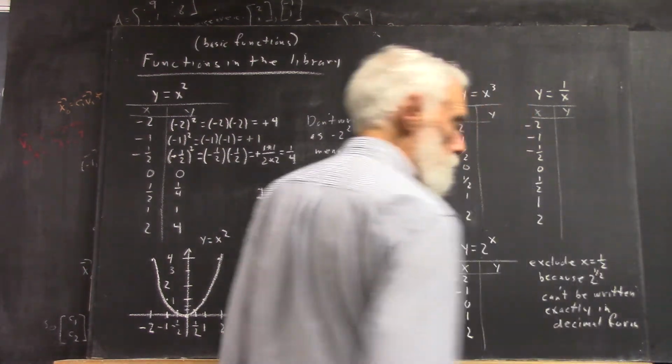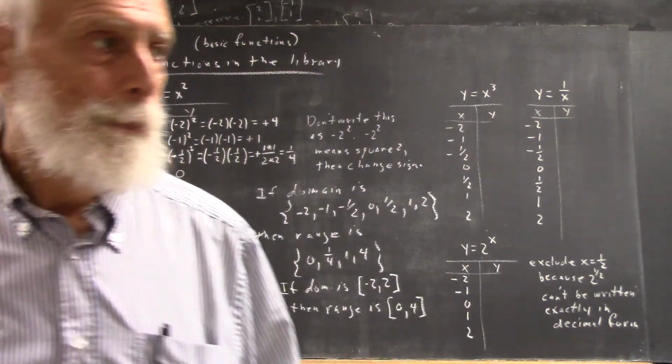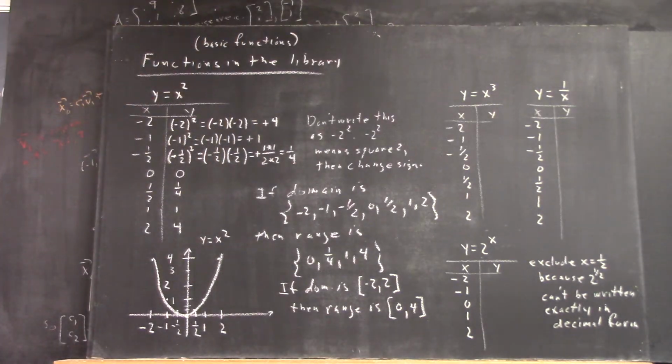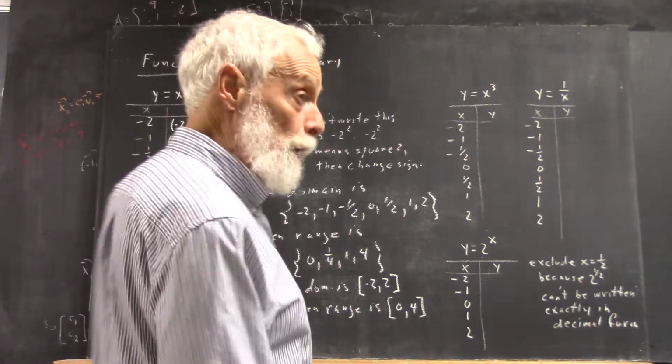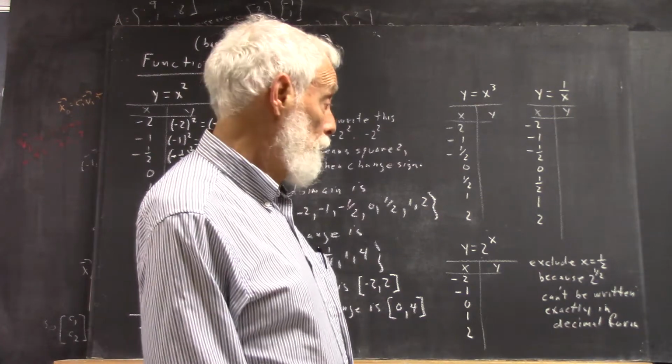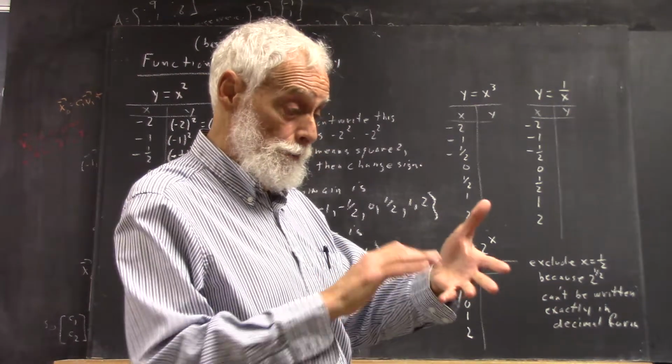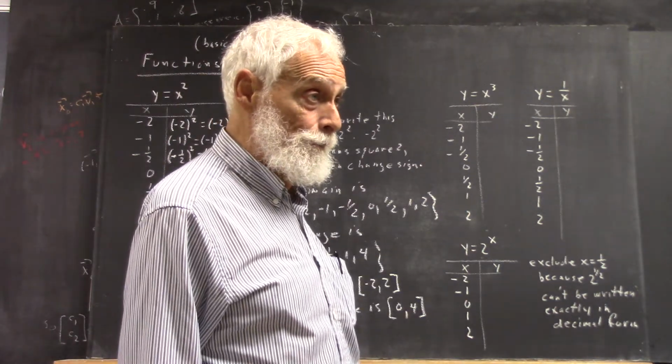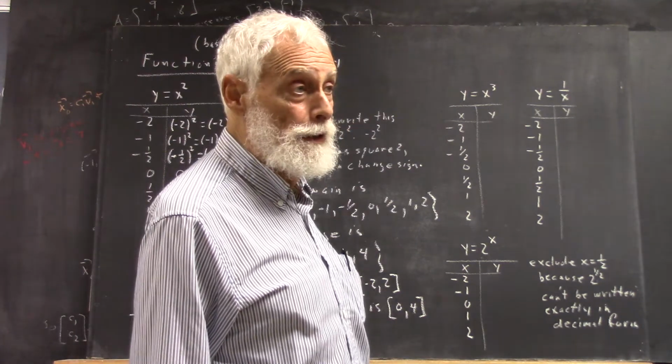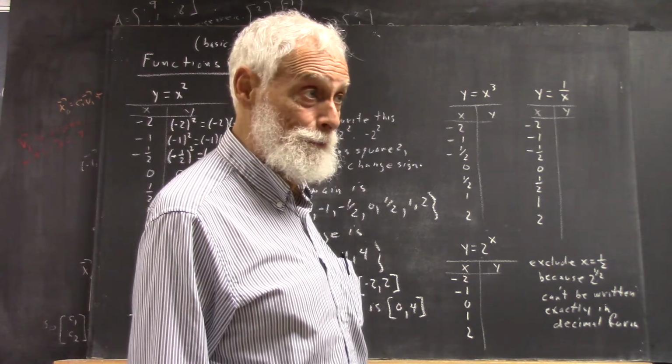We're not going to include that, because it can't be written exactly in decimal form, because you don't have a clue how anybody would evaluate that other than running to a calculator. And neither does 99.99% of the rest of the population.